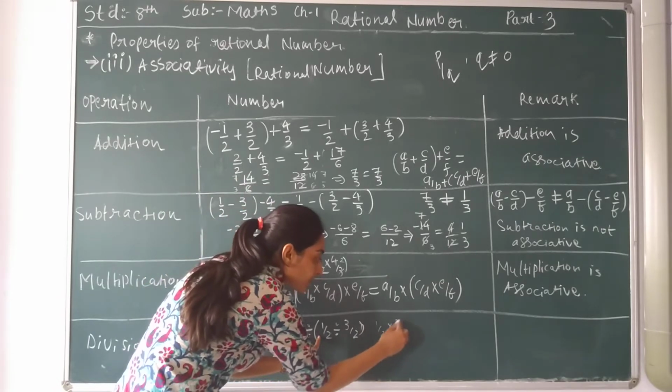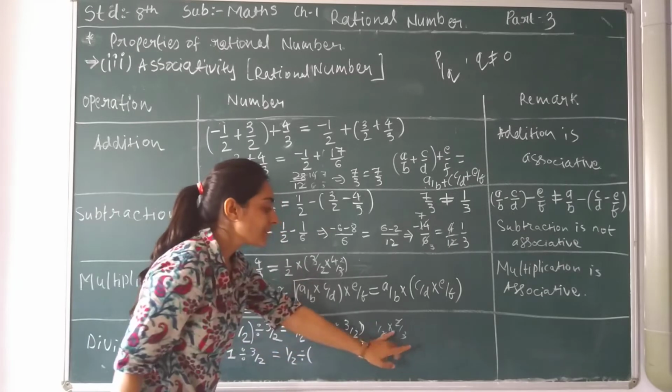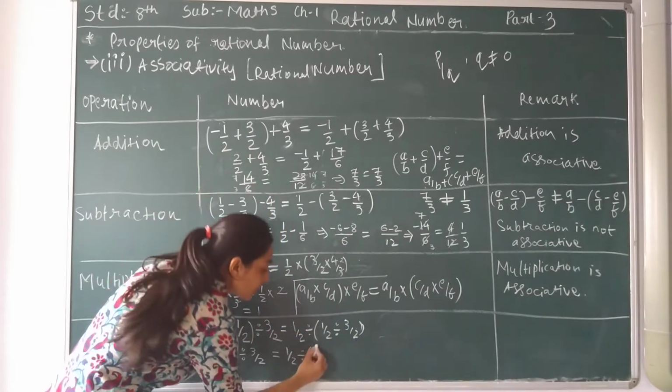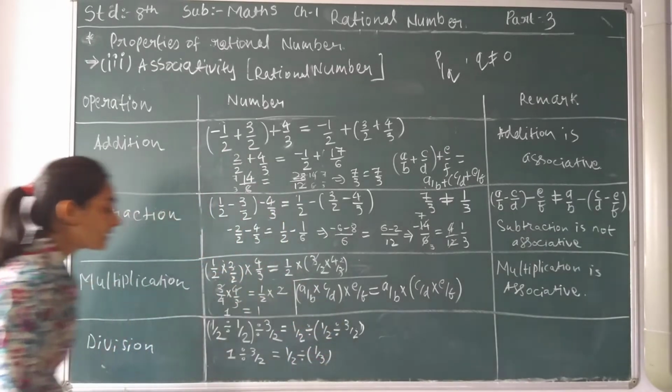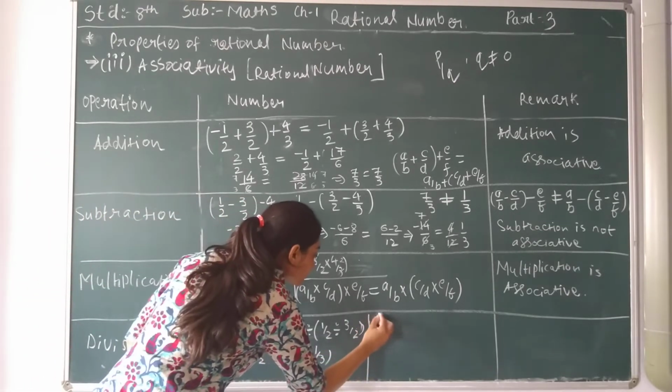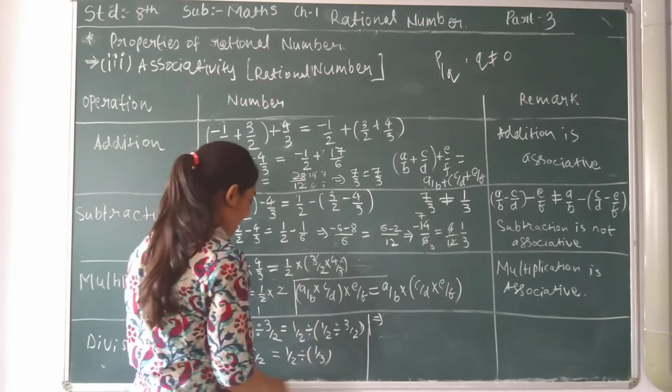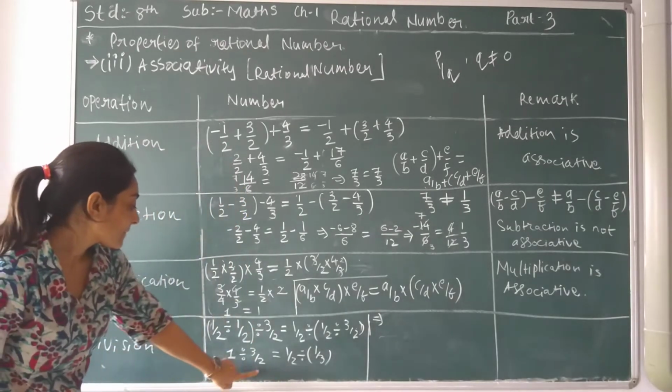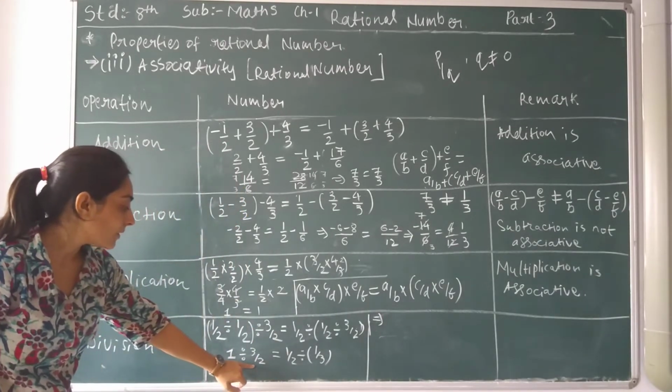2 divided by 3, 2 gets cancelled. So what remains over here is 1/3. Okay, so 1/3. Here 1 divided by 2/3.